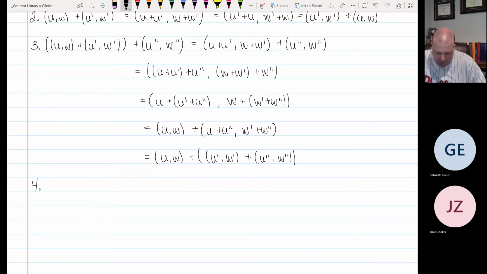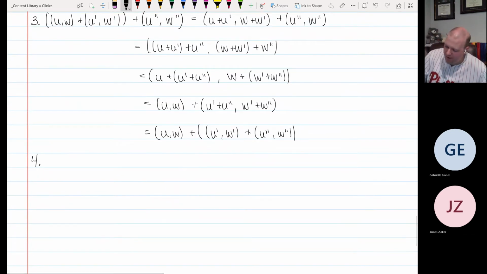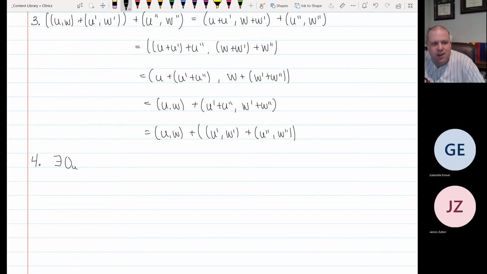So now we have to show that there is an additive identity. Well, U and W are vector spaces, right? So because U is a vector space, I know there exists some vector, call it 0 sub U, such that U plus 0 sub U is U itself, right?